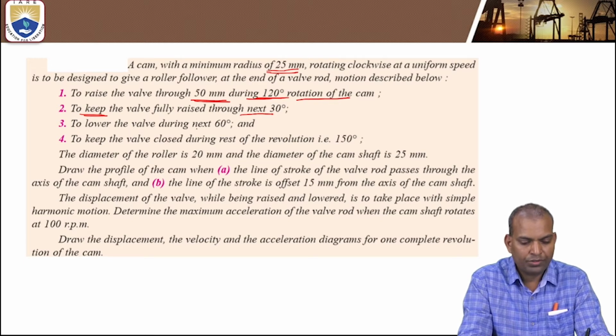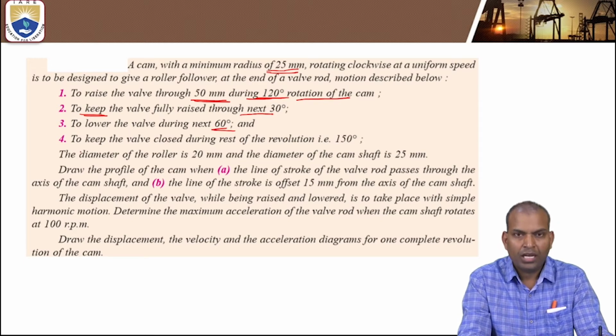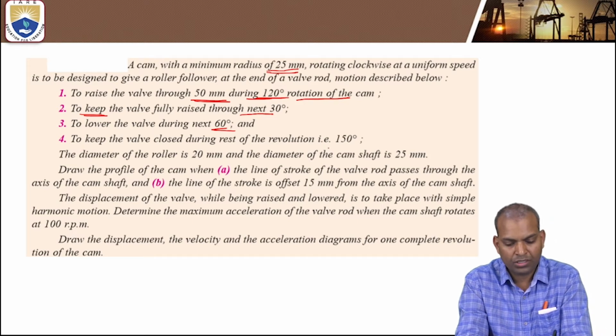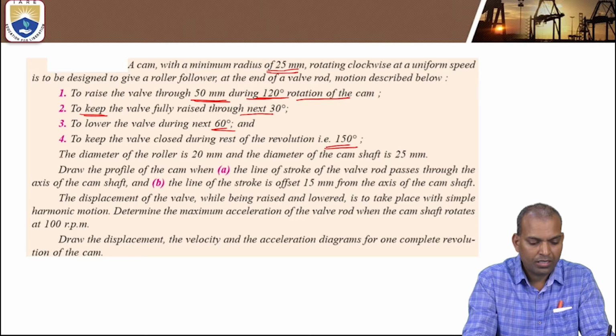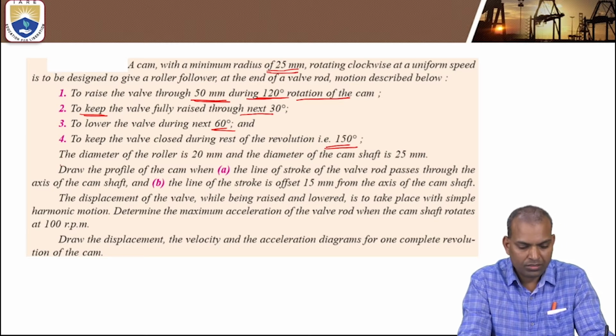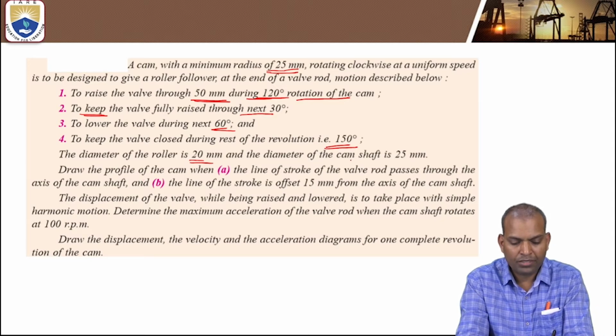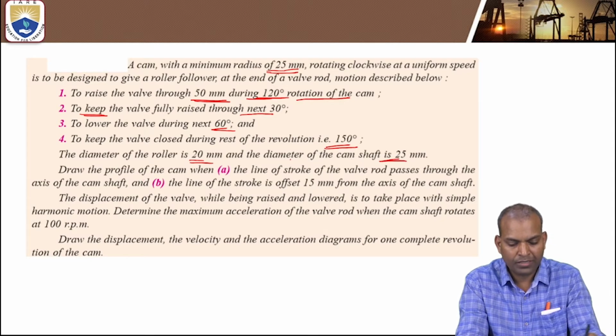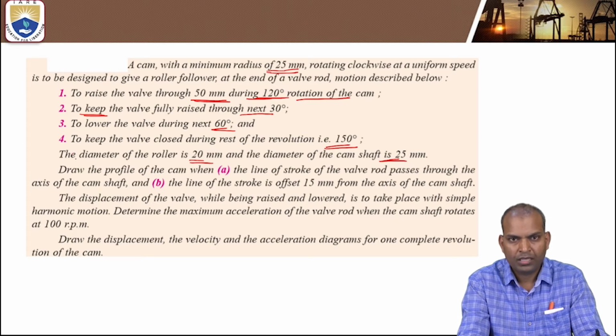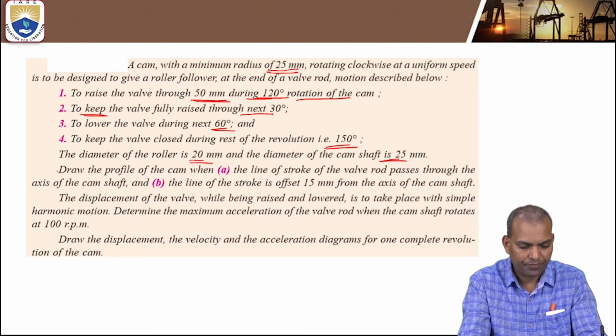To lower the valve during the next 60 degrees, and to keep the valve closed during the rest of the revolution, 150 degrees. The diameter of the roller is 20 mm, the roller follower, and the diameter of the camshaft is 25 mm, that is the minimum diameter of the cam.